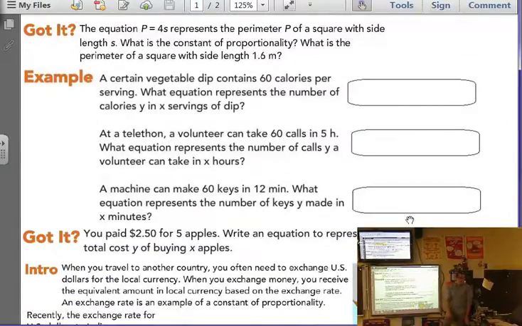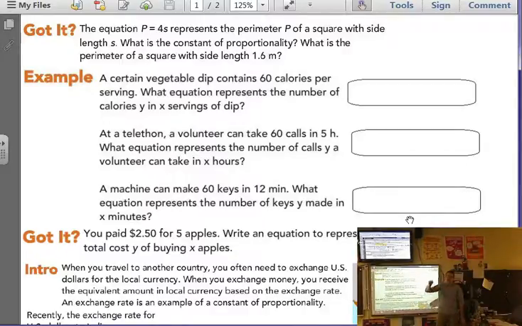All right, check out the Got It. What do we know about a square? What's one of the main things you know automatically, Colin? 4 equal sides. 4 sides are equal, so we can represent the perimeter by saying 4 times the side length. Because I know that if I have one side length, they'll all match.